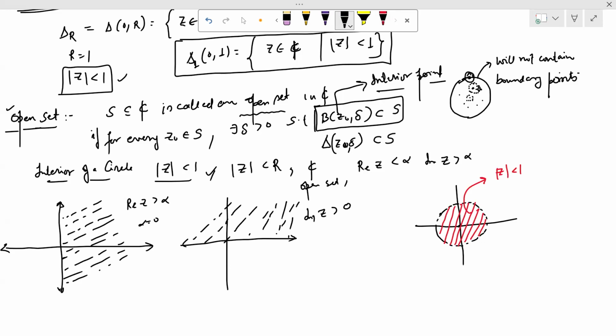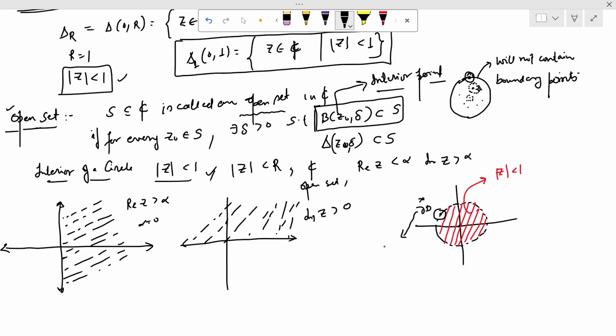If you take any boundary point, that is, this is how we denote the boundary, it will not be in the open set, because any neighborhood containing this boundary point will not be contained in this unit circle. So boundary points do not account for the open set.